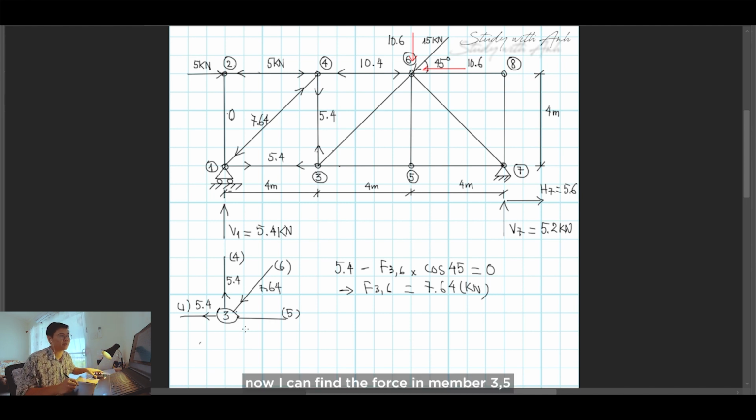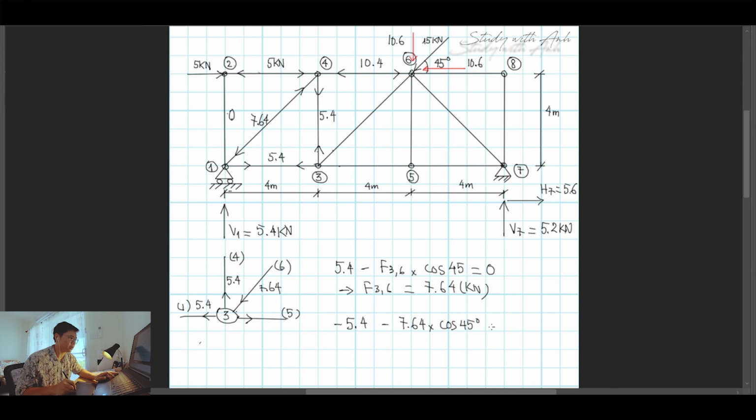Now I can do the force on member 3,5 because I have the force on member 3,6 that we have just calculated. Again, I will assume that member 3,5 is under tension. So minus 5.4, minus 7.64 multiplied by cos of 45.